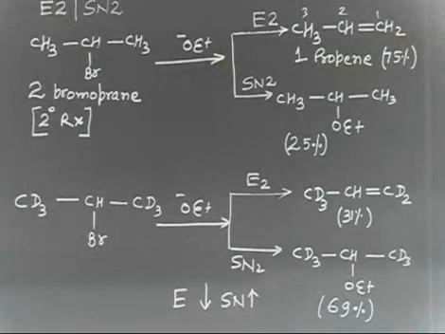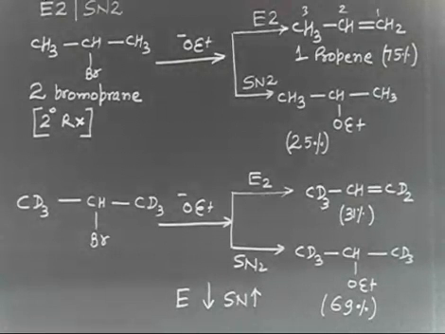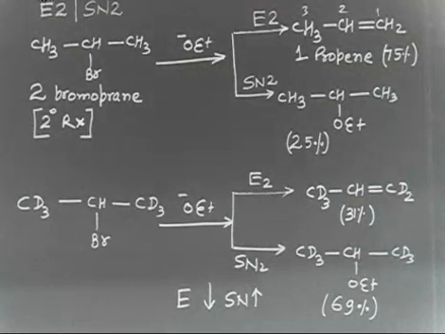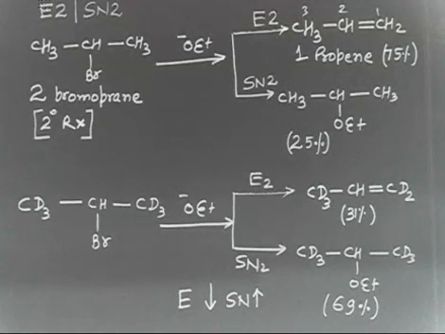So I have to explain in terms of the carbon deuterium bond, and I will give you a hint: look at the mechanism. In the E2 mechanism, in the rate determining step, does the CD bond break? If it breaks, then it will change the rate of reaction. But does it break in the SN2 reaction? Let us take half a minute.